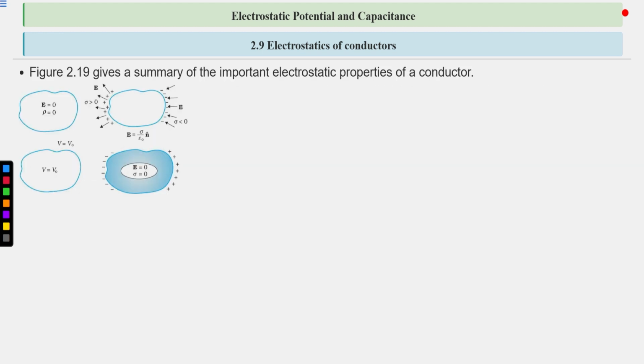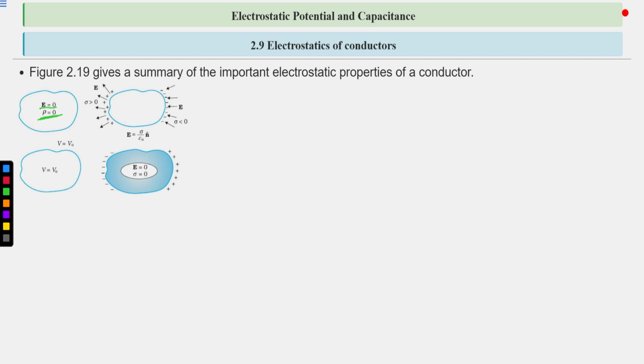So figure 2.19 gives the summary of the important electrostatic properties of a conductor that we discussed. All the properties are summarized here. So electric field is 0 inside the conductor, volume charge density is 0, no charge present inside the volume of the conductor, and electric field is also 0 throughout the volume.